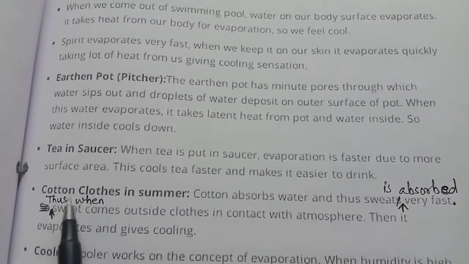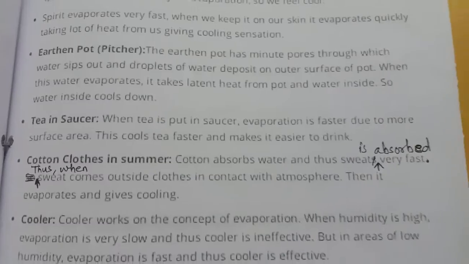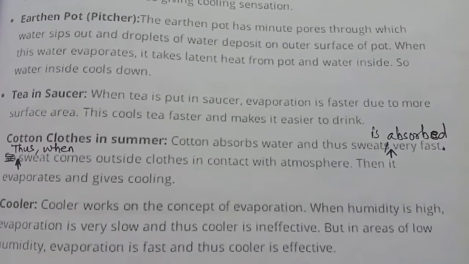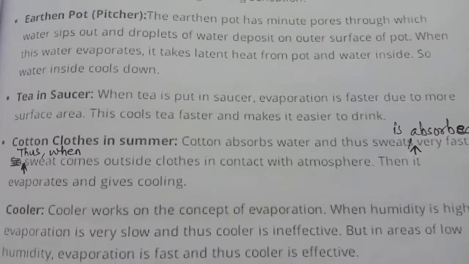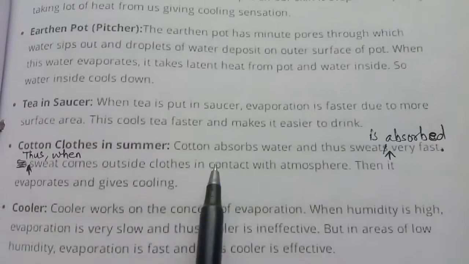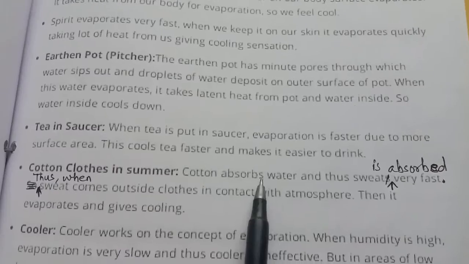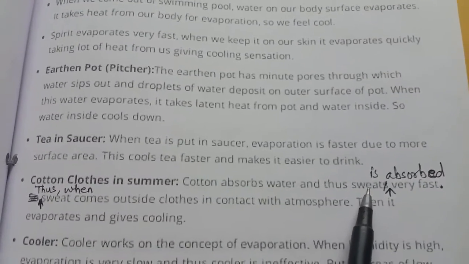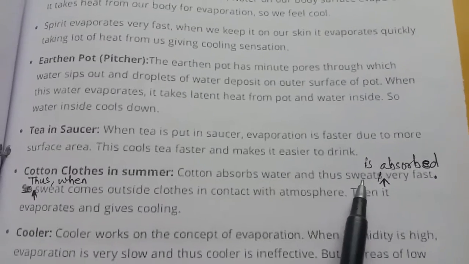We wear cotton clothes in summer. One more example. Why do we wear cotton clothes in summer? Because it helps us remain cool. But how does it help? Cotton has a tendency to absorb water, and when we sweat a lot in summer, पसीना तो ज़्यादा होता है.